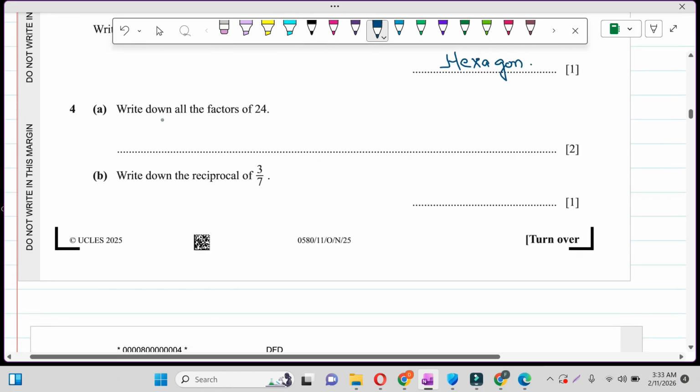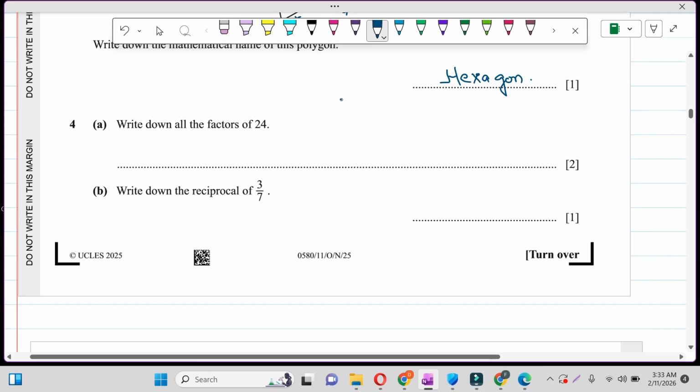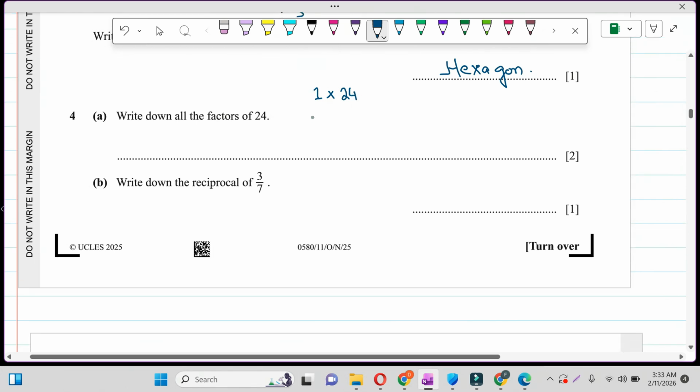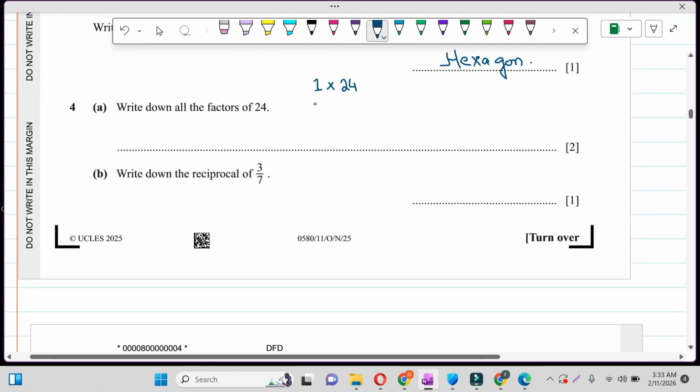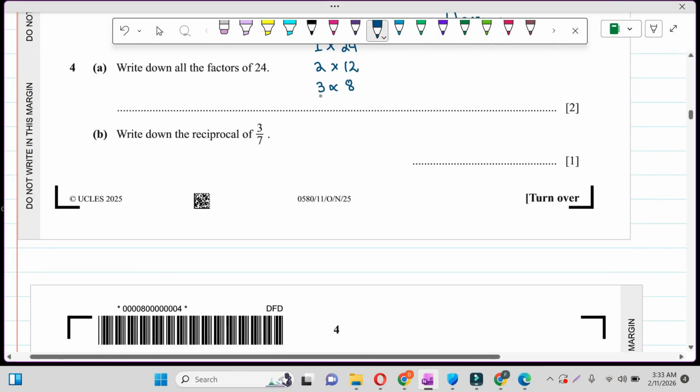Question number 4. Write down all the factors of 24. We have the 24, which can be achieved by multiplying 1 by 24. We can achieve 24 by multiplying 2 times 12, and 24 can also be achieved by multiplying 3 times 8, and 4 times 6.